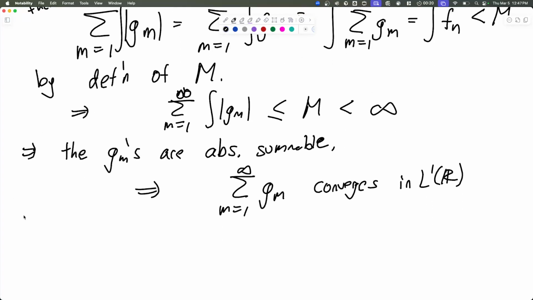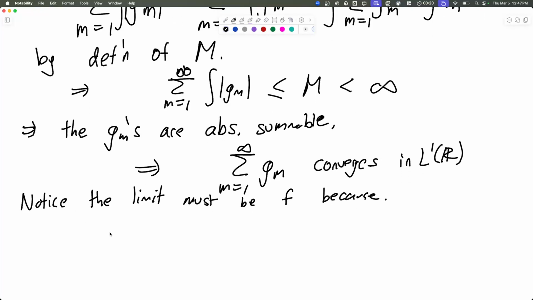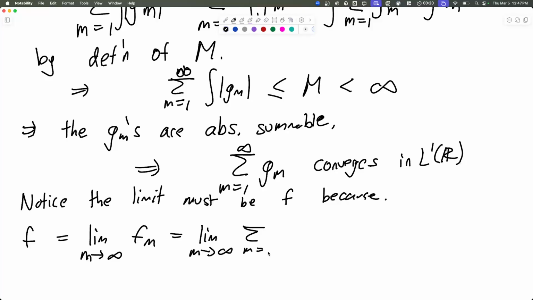And notice the limit must be f, because the limit as m goes to infinity of fm, that is what we called f, and that is also the limit of the gm's almost everywhere, by definition of f. So we called f the limit of the f's. F was the limit of the fm's, but the fm's are the same as the infinite sum of the g's, and so it's all good.